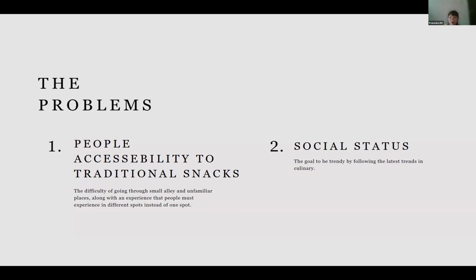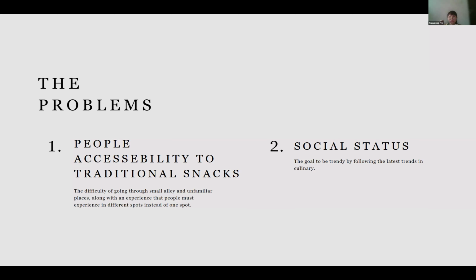When I do research, a lot of people have problems with the locations, because as I've said before, most traditional foods are scattered around the area. There isn't one particular place that holds every single traditional food, so you have to move from one destination to the other to get that other food.